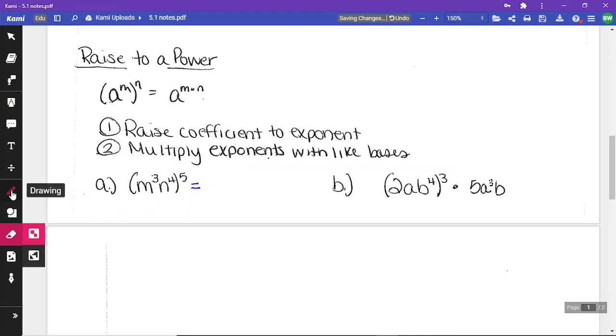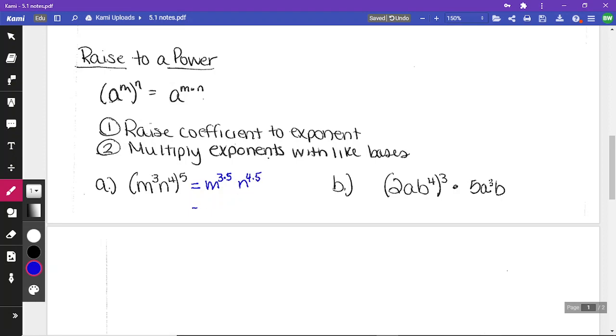So this is m to the 3 times 5 power times n to the 4 times 5 power. So that's equal to m to the 15th times n to the 20th.